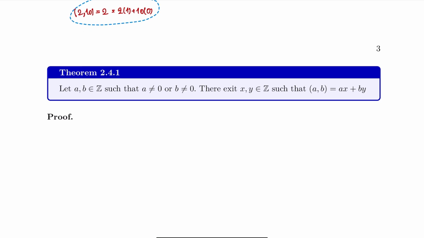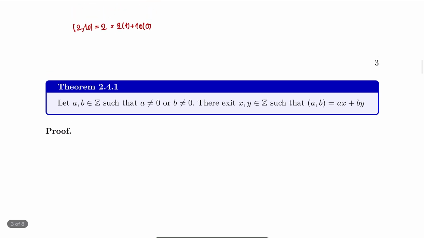Another example is 6 and 24. What is the greatest common divisor? The greatest common divisor is 6.